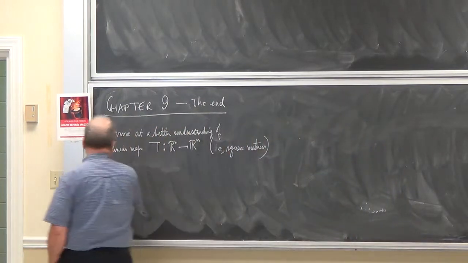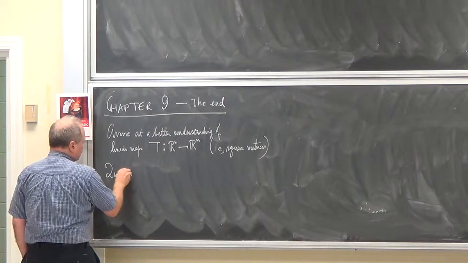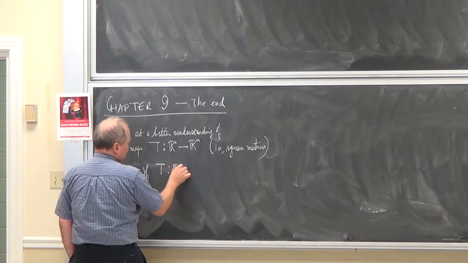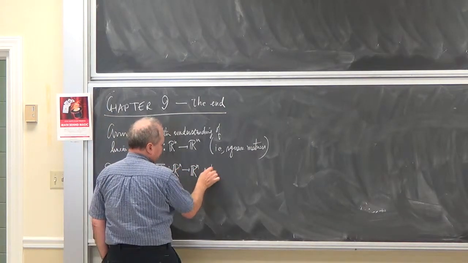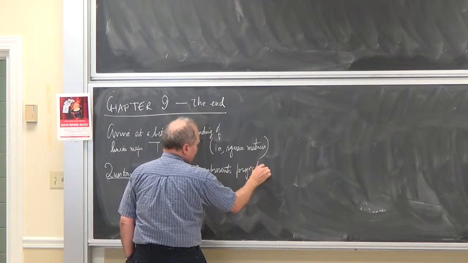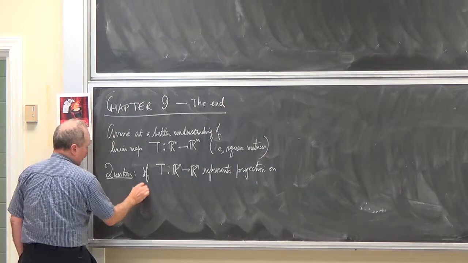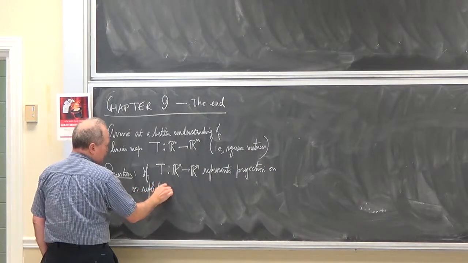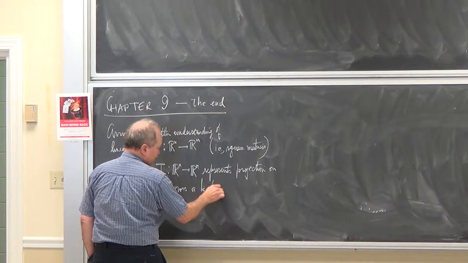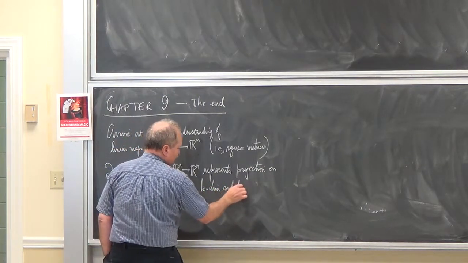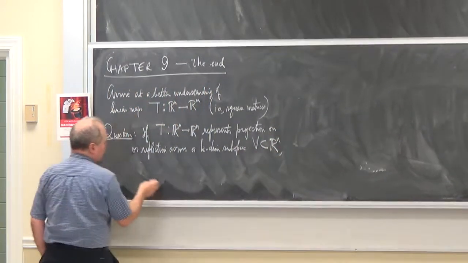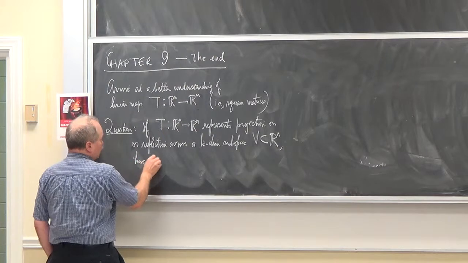So the question I'm posing here is, if T, mapping Rn to Rn, represents projection on, or reflection across, I'm just giving you examples here, a k-dimensional subspace V, how do we know? How can we tell? How can we find V? How would we know this?